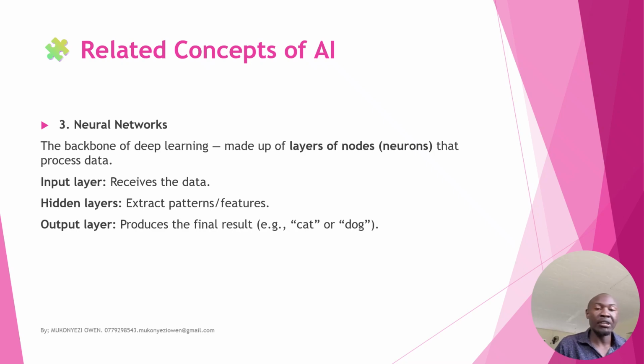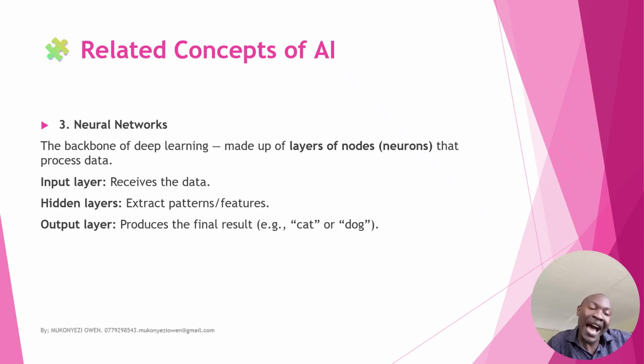We have neural networks. These ones have layers, whereby we have the first layer, which receives the data. We have the hidden layers, which extract patterns of features. For example, if we are looking at facial recognition, there is a layer that receives your face. There is a layer that extracts patterns of features on your face.